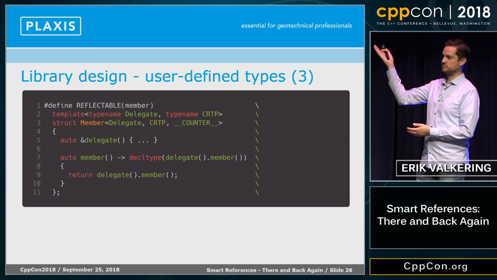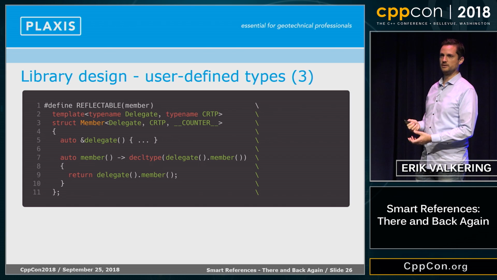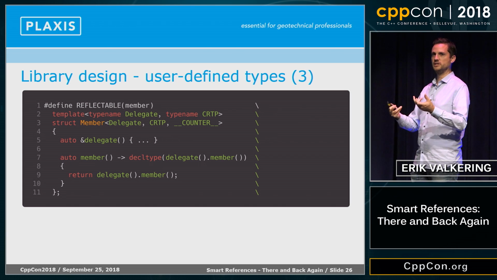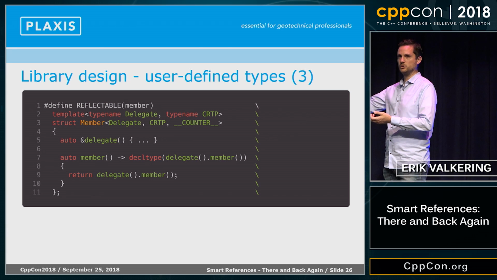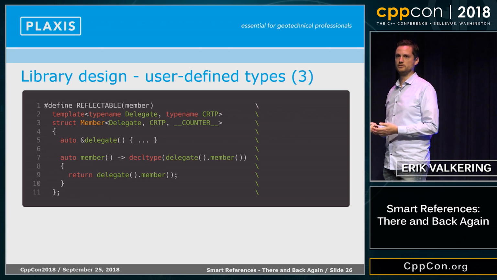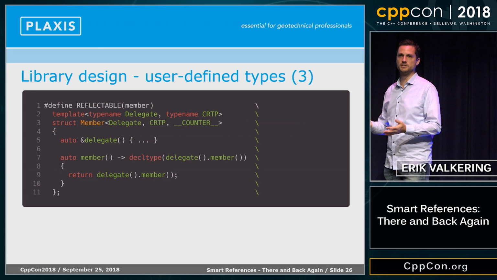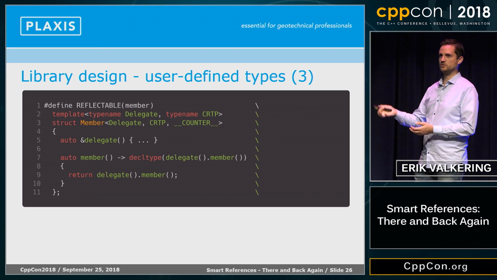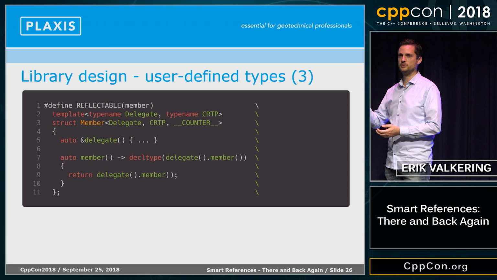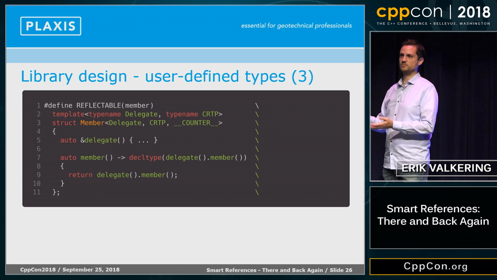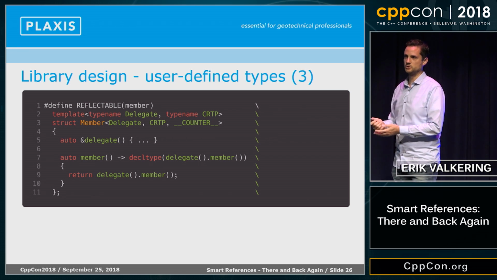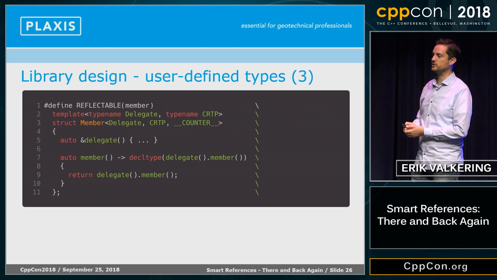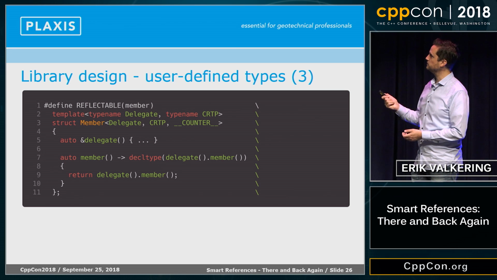So then, in the previous slide I showed that you can use reflectable first name. That's basically how this works. And the library itself supports the entire interface of the standard library using the exact same mechanism. So it just does reflectable begin, end, sort, whatever, such that the standard library is supported out of the box.